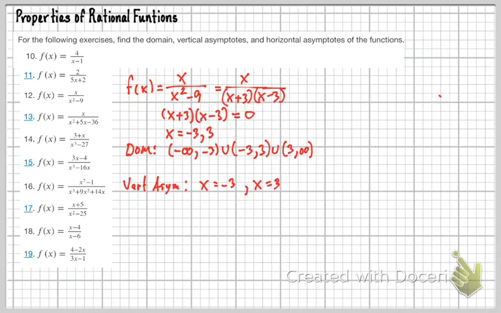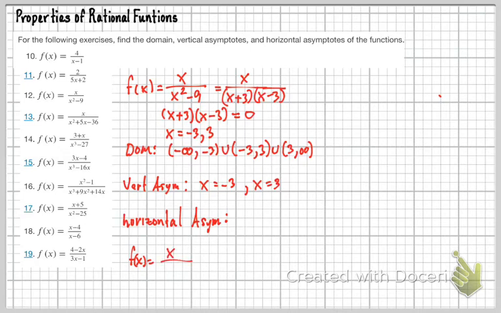Let's talk about horizontal asymptotes now. This one's a little more difficult to explain and actually to understand. So the idea of a horizontal asymptote is I'm actually looking at the function f of x. Now I'll take the original one. I think we see it a little better here when we're looking at that one.